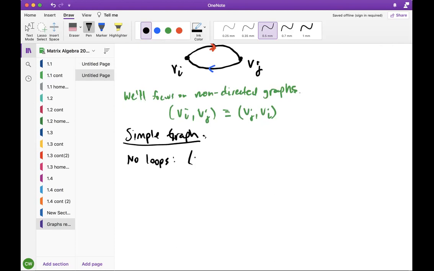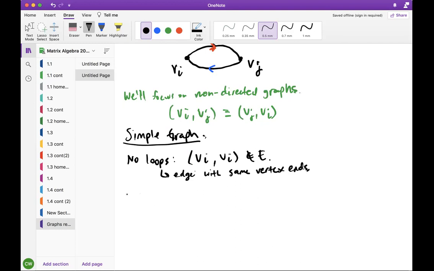A loop is an edge where the two vertices are the same. So we don't want this; this is not going to be in our edge set. A loop is an edge with the same vertex at both ends.